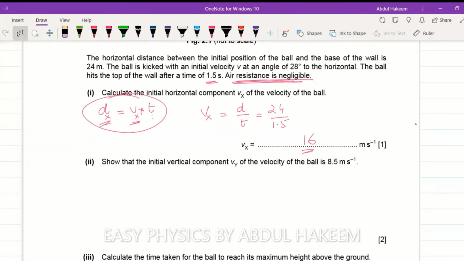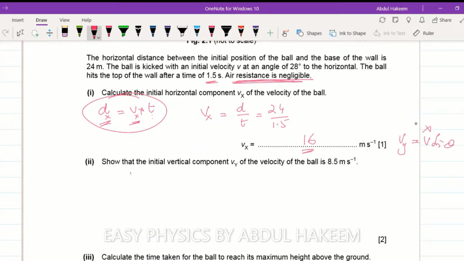Show that the initial vertical component of the velocity is 8.5. Again, the famous one is Vy is equal to V sine theta, but we have no value for the V. So we will try the other formula.